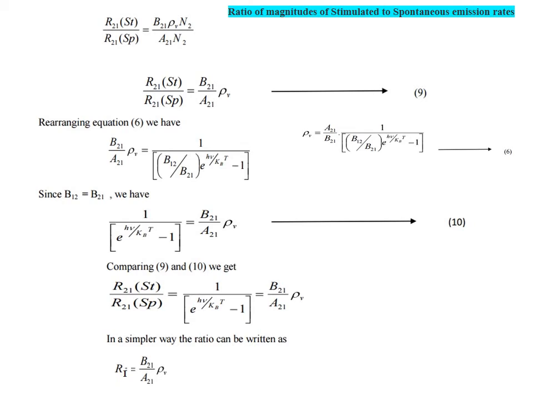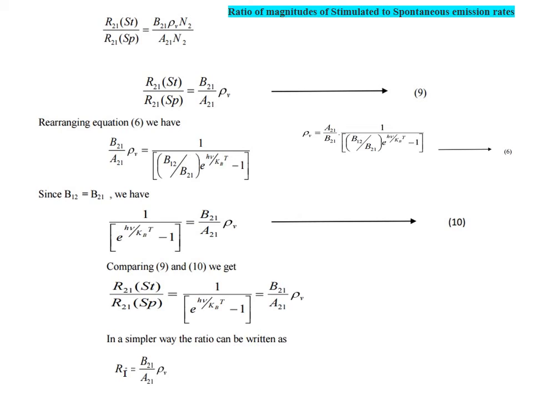So we will rearrange equation 6 and write down an equation for B21 rho nu divided by A21. That is equal to 1 by B12 by B21 into exponential h nu by kT minus 1. B12 and B21 are equal, so we will delete this ratio. So we will be having B21 rho nu by A21 is equal to 1 by exponential h nu by kT minus 1. That is equation number 10.